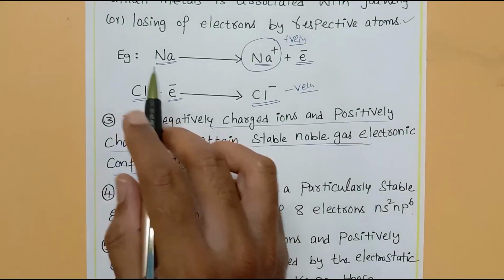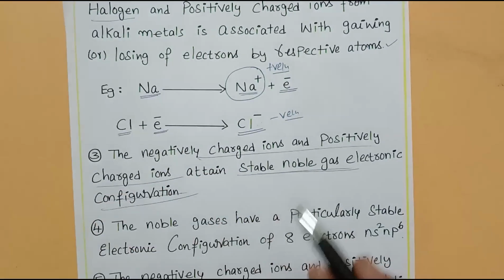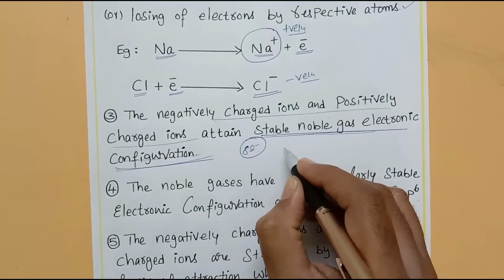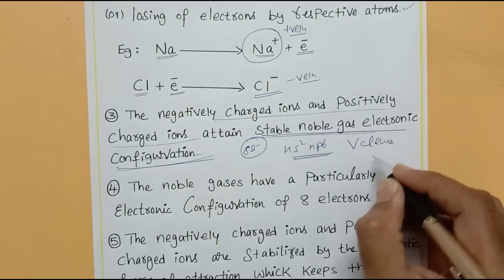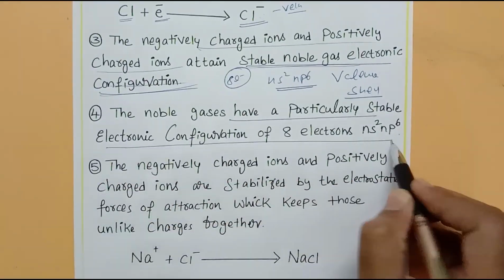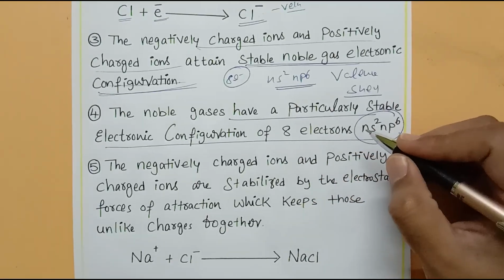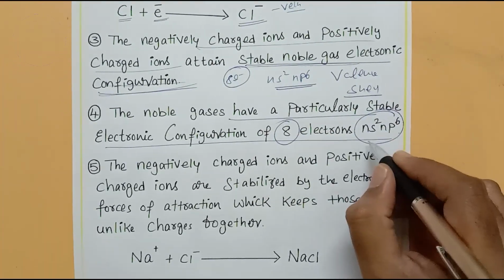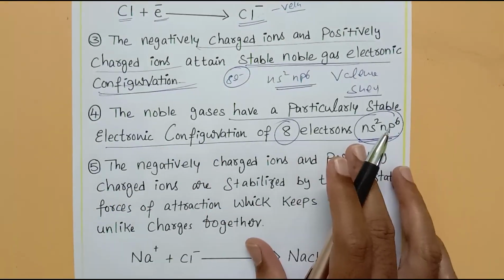The main goal of sodium losing an electron, or chlorine gaining an electron, is to attain a stable noble gas configuration of 8 electrons, ns2 np6, in the outermost shell. Except for helium, the noble gas elements have 8 electrons in the valence shell, with configuration ns2 np6. So the noble gases are very stable.